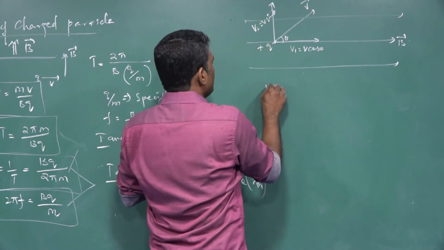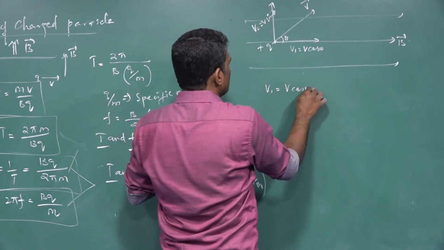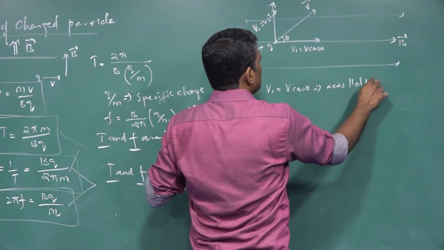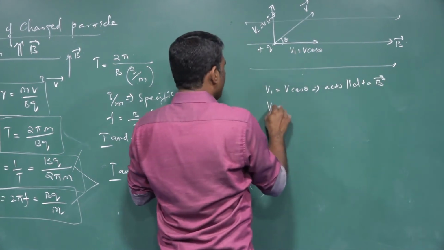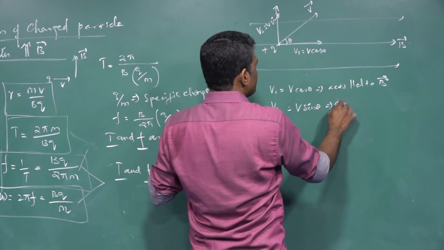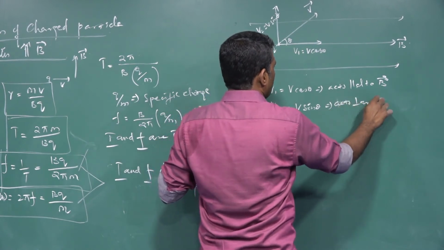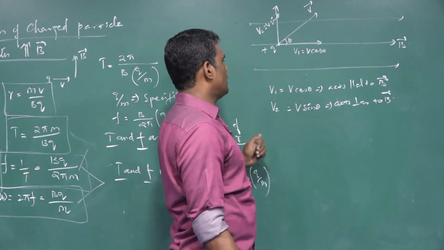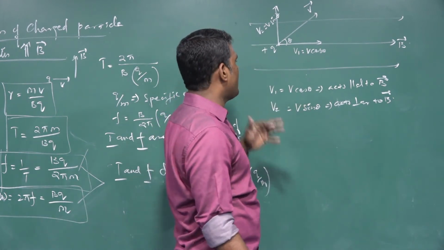One is the horizontal component, v1 equal to v cos theta. It acts parallel to the magnetic field B. v2 equals v sin theta acts perpendicular to the magnetic field B.